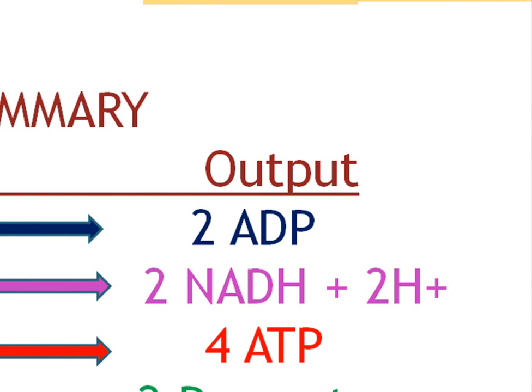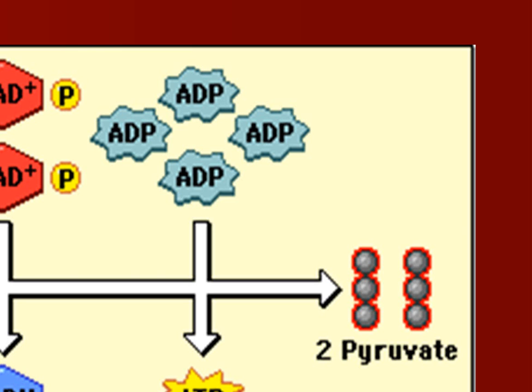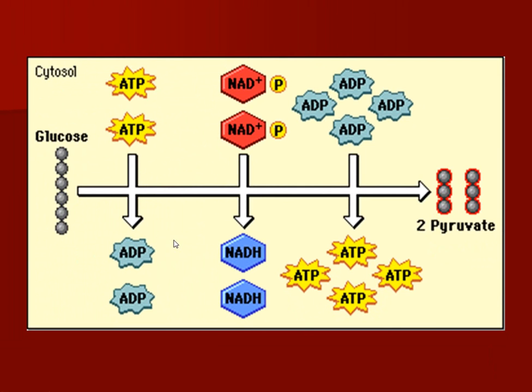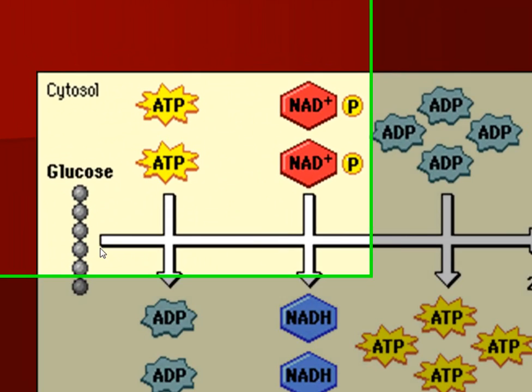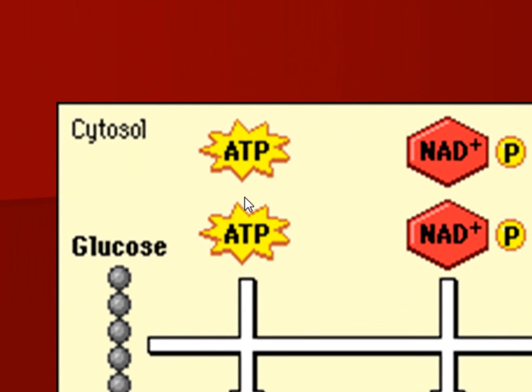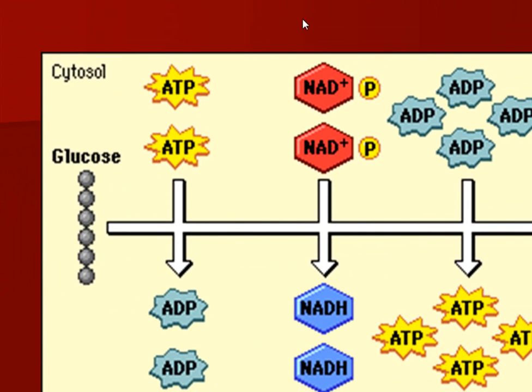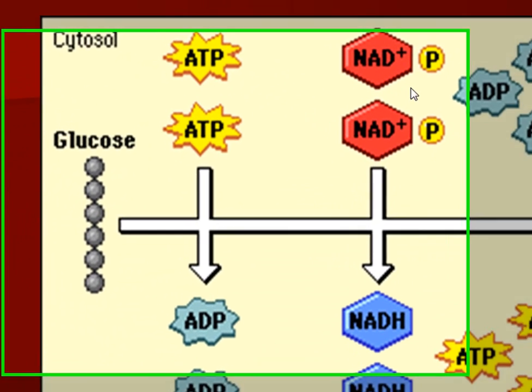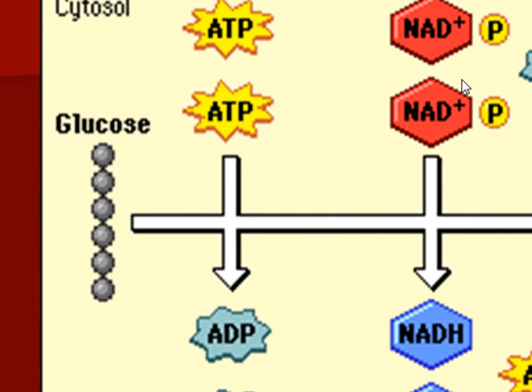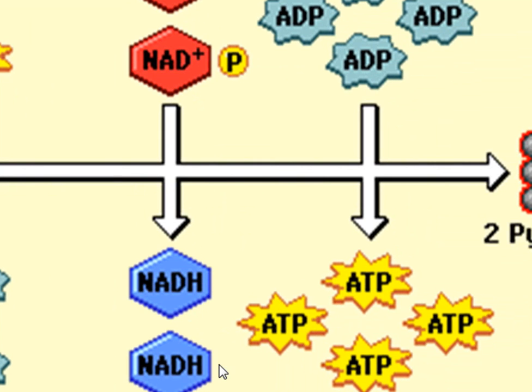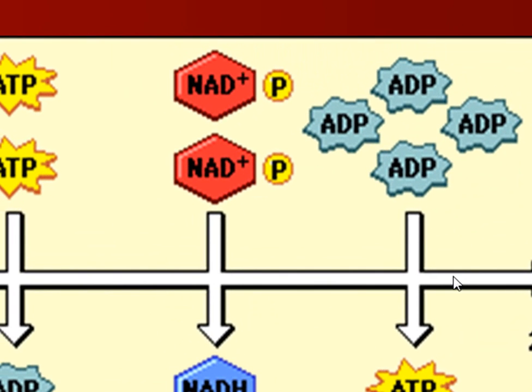Here's another way of looking at glycolysis in a full fashion. We start with glucose. Glucose requires 2 ATP molecules and in turn converts them to 2 ADP molecules. We also have 2 NAD pluses and 2 inorganic phosphates that will be reduced to NADH. We then have 4 ADPs going in and 4 ATPs coming back out.